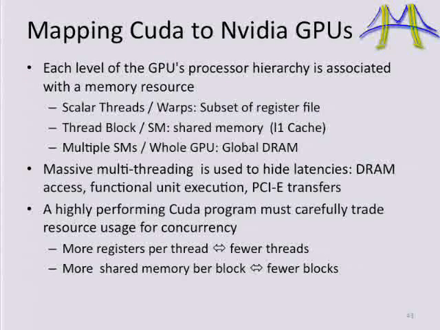I've hinted at this, but essentially, since you can specify how many registers your threads use and how much shared memory each thread block uses, you can trade off the state of each thread block for the number of thread blocks that you have resident simultaneously.